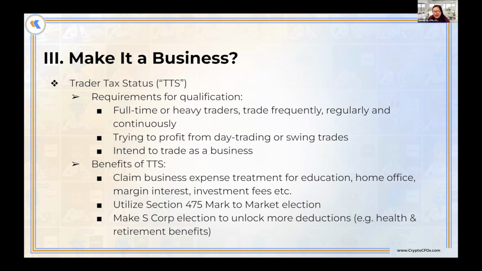Of course, one downside of the mark-to-market election is that if the fair market value of your crypto assets at the end of the year is higher than your cost basis, you will need to recognize ordinary income for the increase in value.